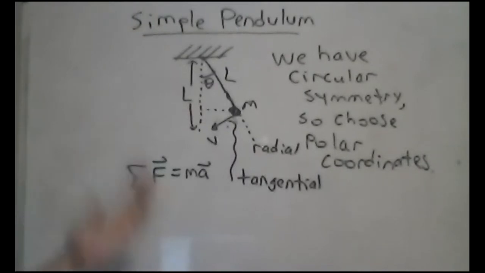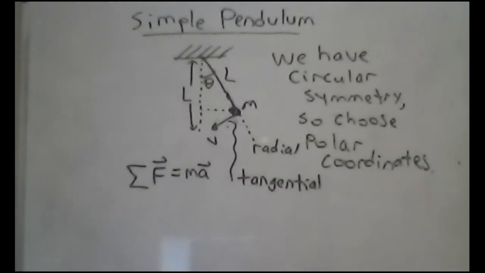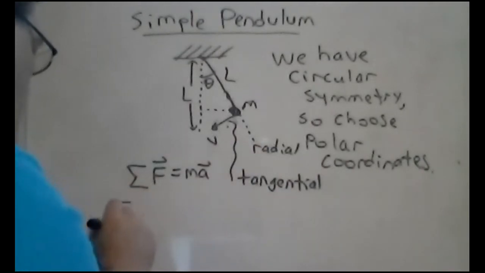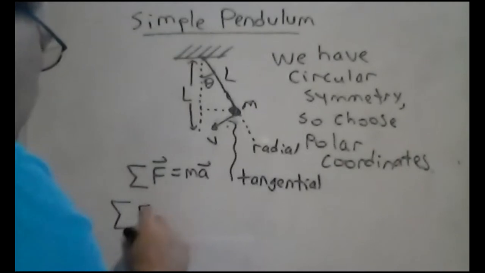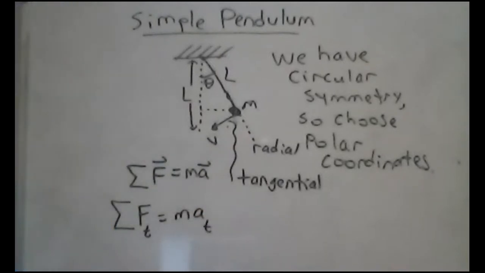If I chose X and Y, I would write the sum of all forces in the X direction equals mass times acceleration in the X direction, and the same for Y. However, I'm going to choose R and T, R being radial, T being tangential. Then the radial doesn't give me anything. Remember, a vector equation is always equivalent to one or more scalar equations. So the scalar equation I want this time is the sum of all forces in the tangential direction equals mass times acceleration in the tangential direction. That's what I want.